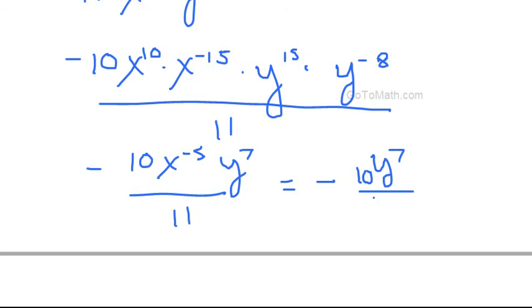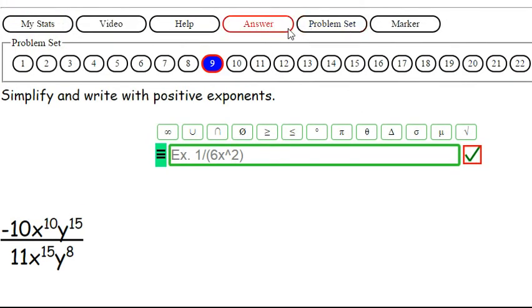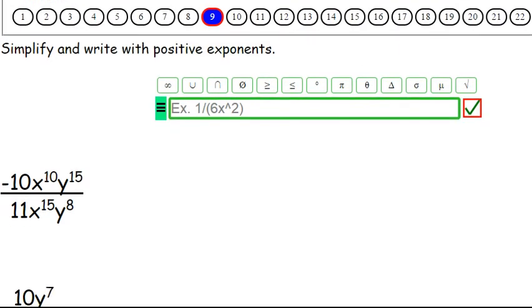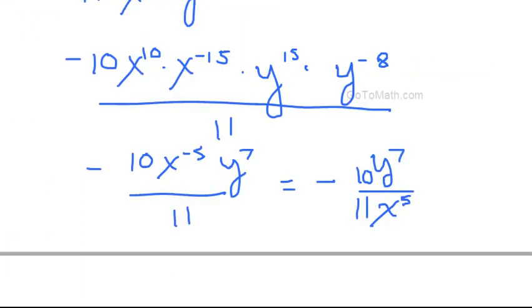But we're going to take the x down into the denominator because it has a negative exponent, and we have to write this with positive exponents. So it looks like 10 times y to the 7th over 11 times x to the 5th, and of course we've got that negative out front. Negative 10y to the 7th over 11x to the 5th.